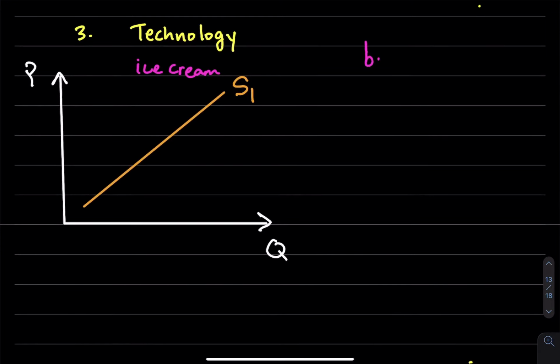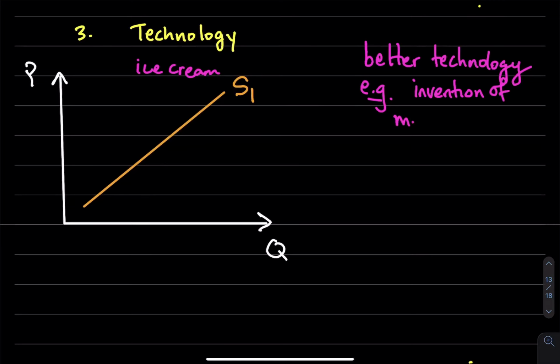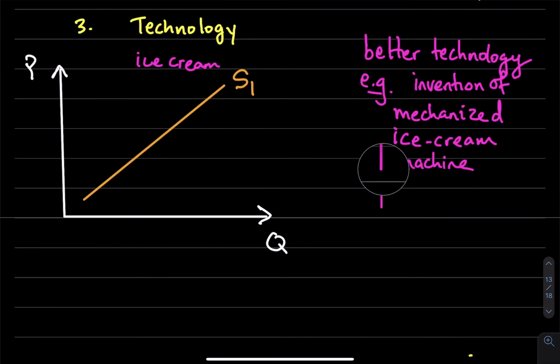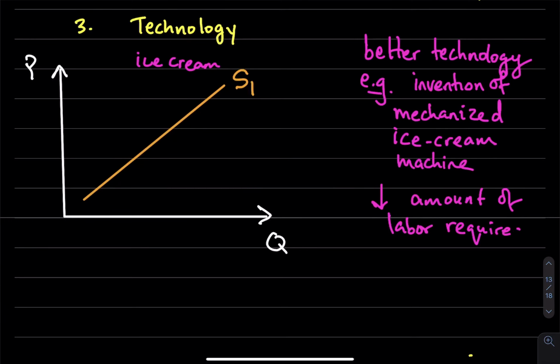So if we have better technology, for example, some kind of an invention of a mechanized ice cream machine, this would reduce the amount of labor required to make the ice cream.